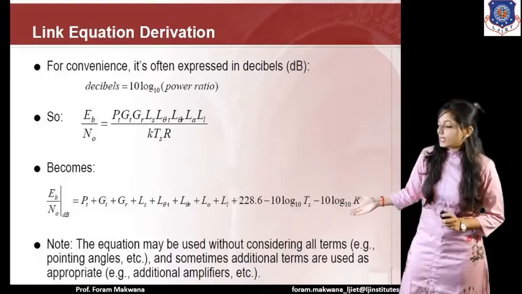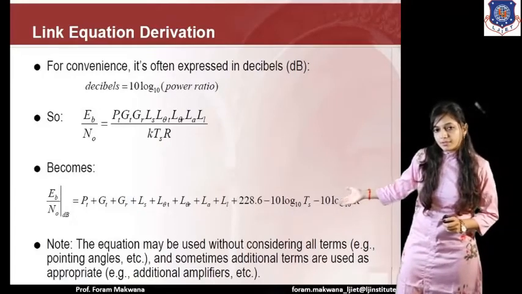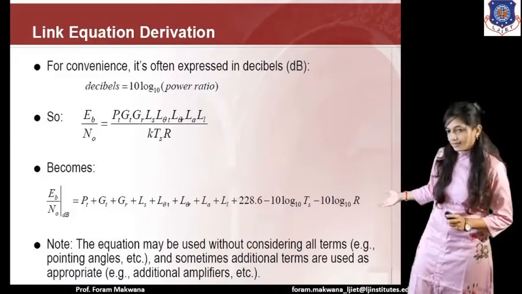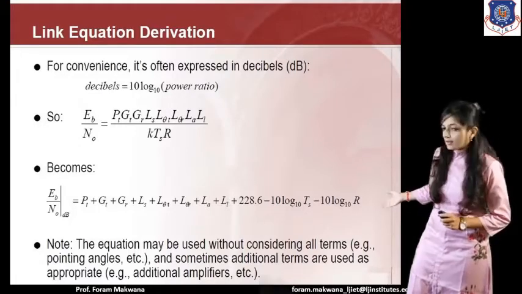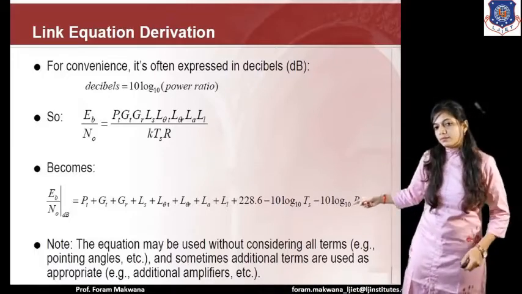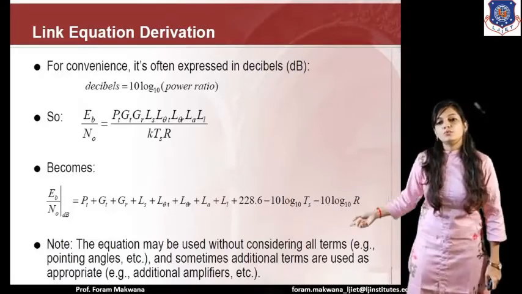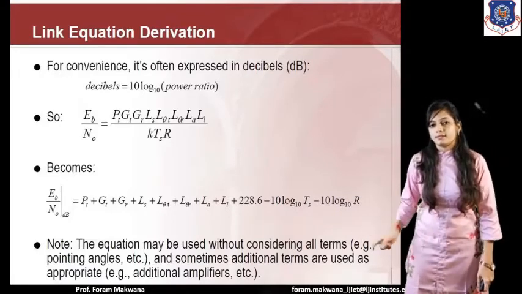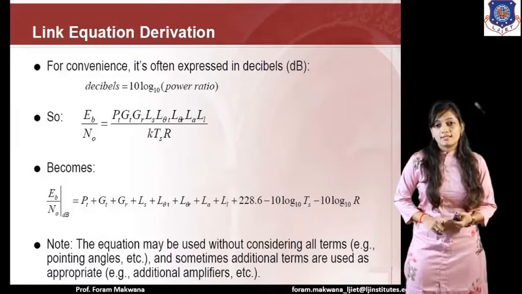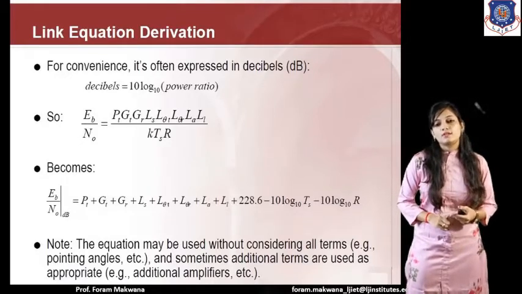So EB upon N0 in dB is equal to PT plus GT plus GR plus LS plus L theta T plus LA plus LL. Now, K, Ts and R all are in the division, so we are going to place over here a minus sign. But we know the value of K. K is a Boltzmann constant, its value is 1.38 into 10 raised to minus 23.